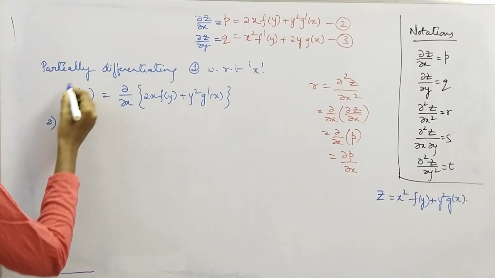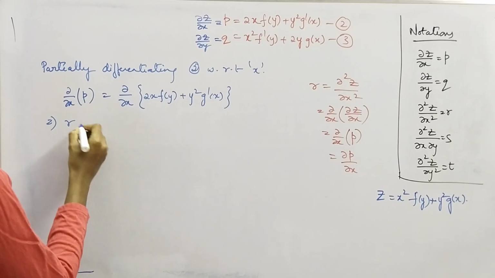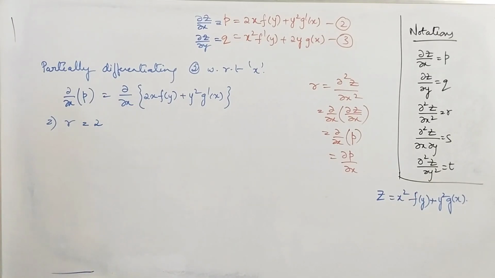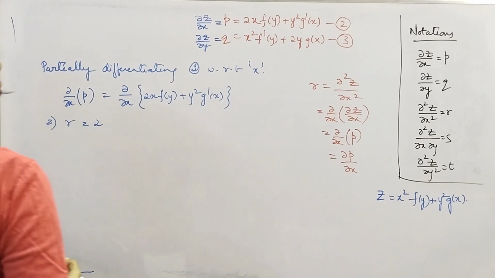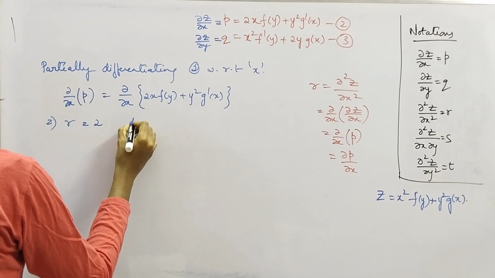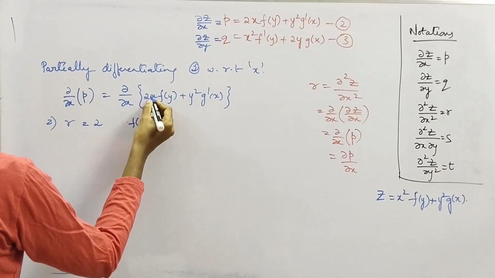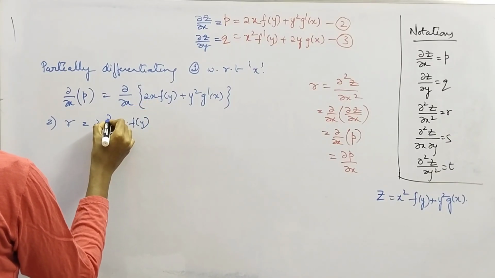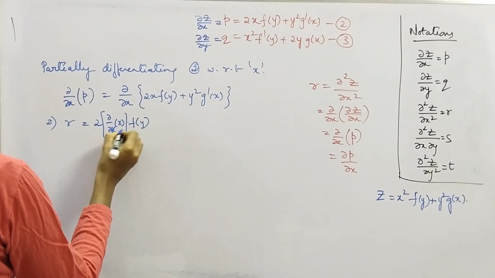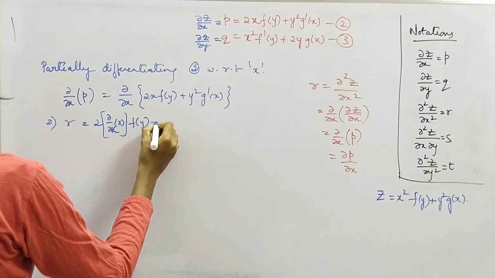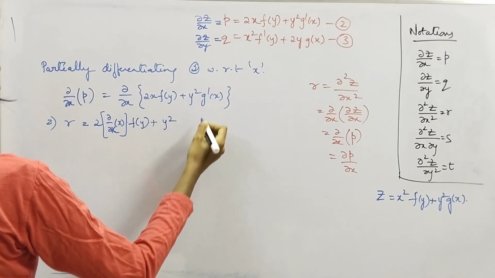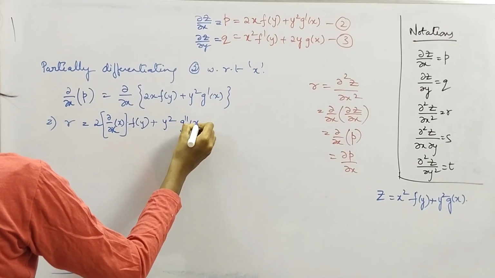You can just directly write this as r here, okay, equal to 2 into, here we are partially differentiating with respect to x, so we'll treat f of y as constant. You can write this as 2 into constant into partial derivative of x with respect to x is 1, plus constant y square into partial derivative of g dash of x is g double dash of x.